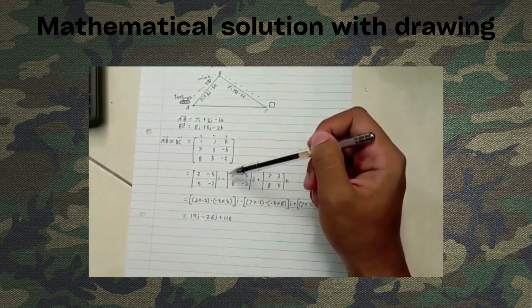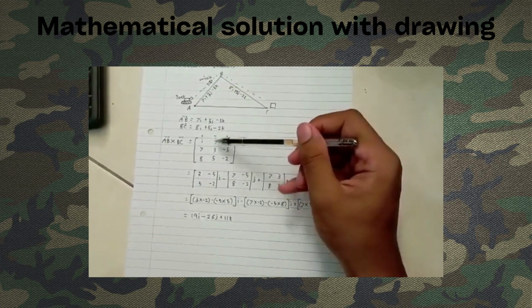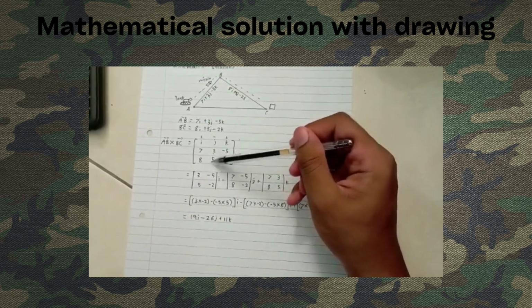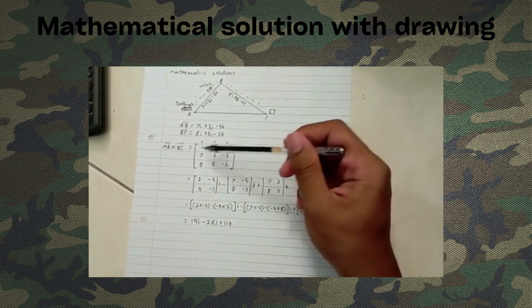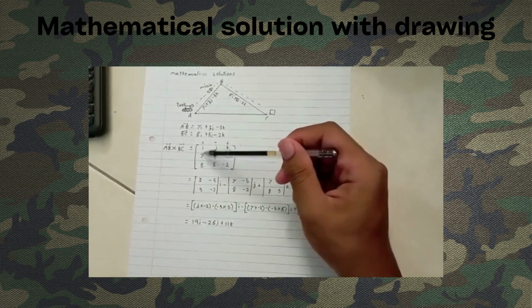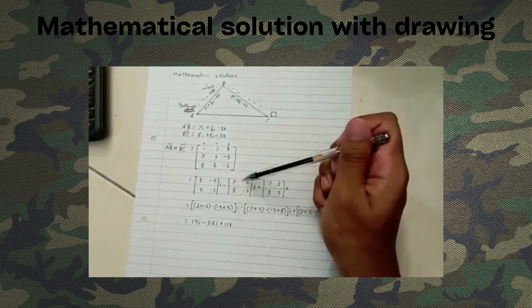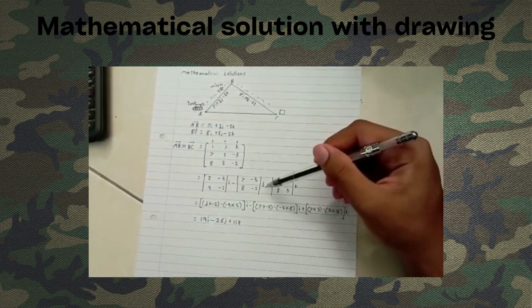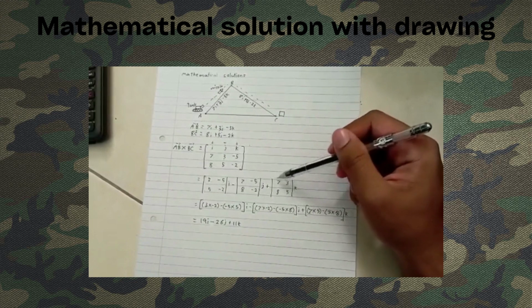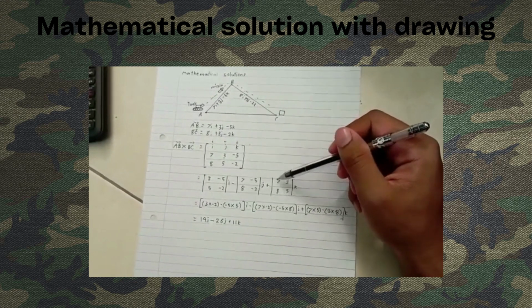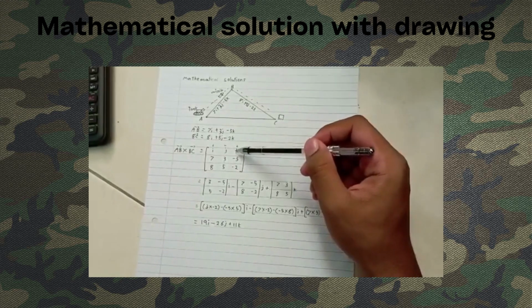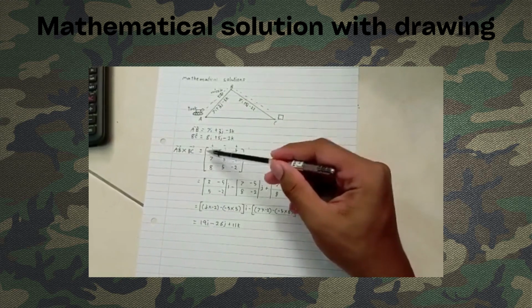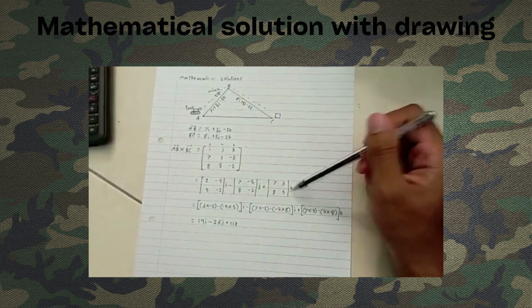Minus, in the second column and first row, we take the remaining matrix and multiply by j. Plus, for the third, the matrix 7, 3, 8, 5, we take it and multiply by k.